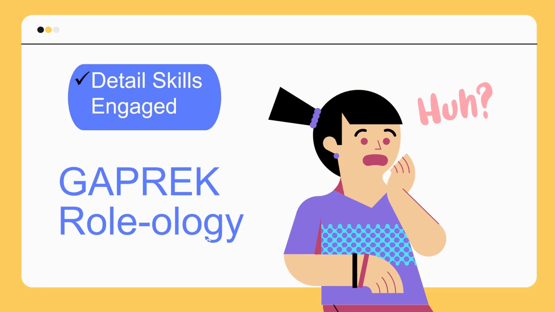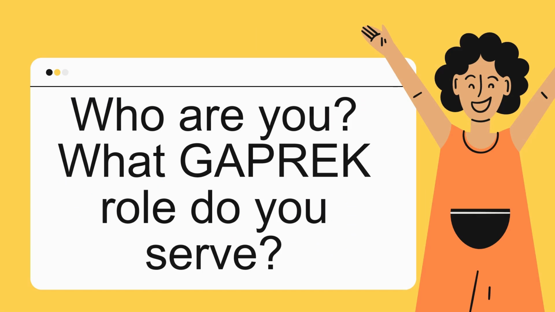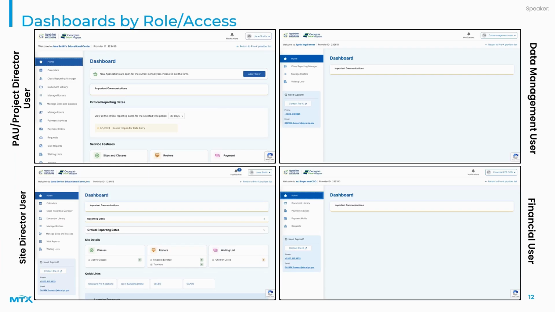So now that our detail skills are fully engaged, let's look at GA Pre-K Rollology, the study of the roles in the GA Pre-K portal. Who are you and what GA Pre-K role do you serve? Let's look at the dashboards within the portal. The PAU, also known as the Primary Authorized User, and the Project Director have a lot of options on their dashboard and also have a lot of access.